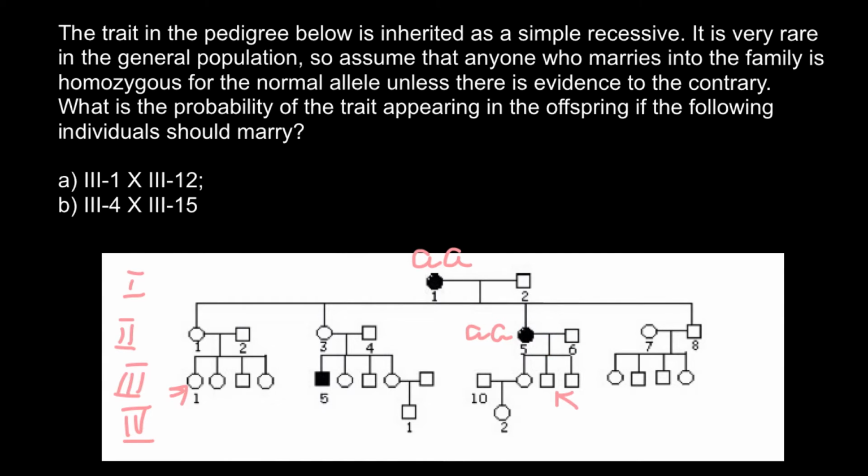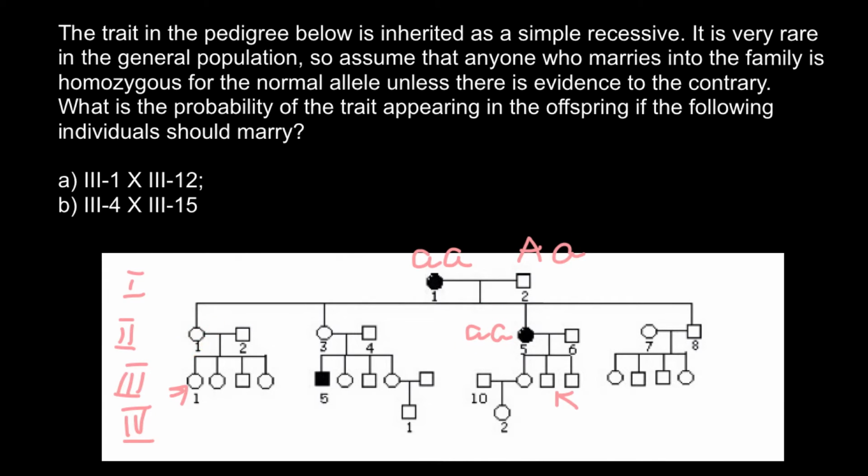So this is how we know that the genotype of this parent has to be heterozygous, capital A and small a. In this case, this parent can give only a recessive allele, but this parent may give a dominant allele, then the phenotype would be normal, or a recessive allele and the phenotype would be affected.